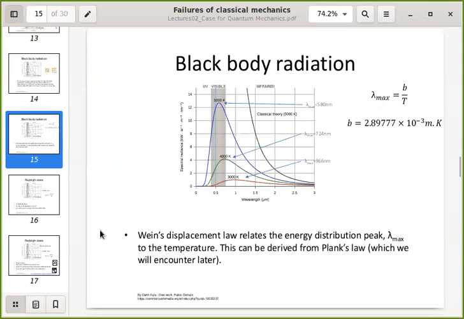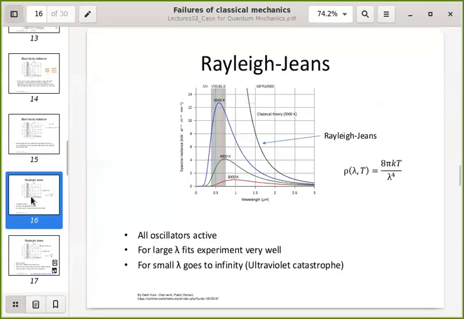Okay, so that's the phenomenon. I've detailed the phenomenon. Now what I need to do is look at how looking at this phenomenon classically leads to problems. And the problem is with the Rayleigh-Jeans law. Rayleigh-Jeans had a look at it and said, you've got an object, and it's got a lot of motion in the solid, lots of different motions within the solid, and they're all active, and all of them will give off electromagnetic radiation.